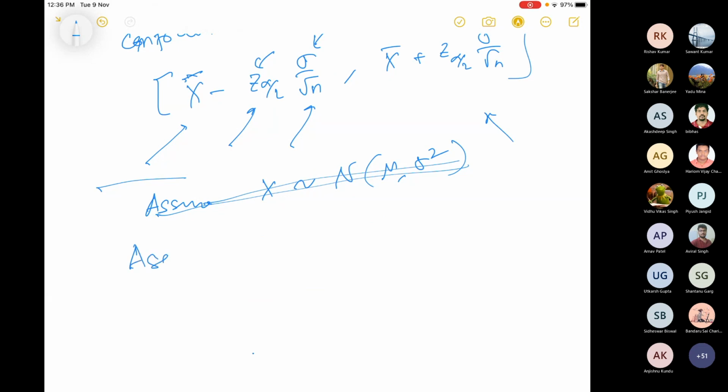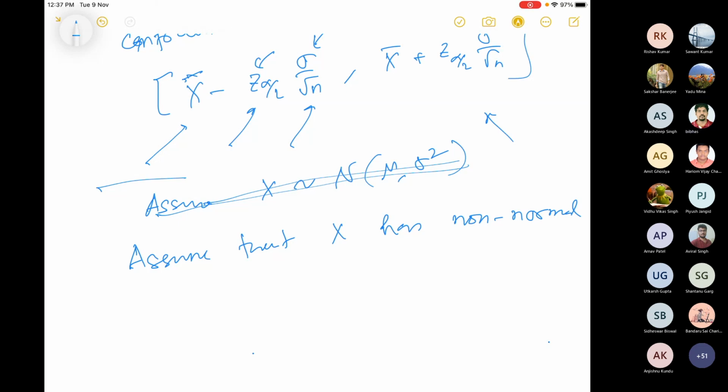Now assume that X has a non-normal distribution. So the distribution is not normal. Then the question is, how do I find a pivotal quantity?